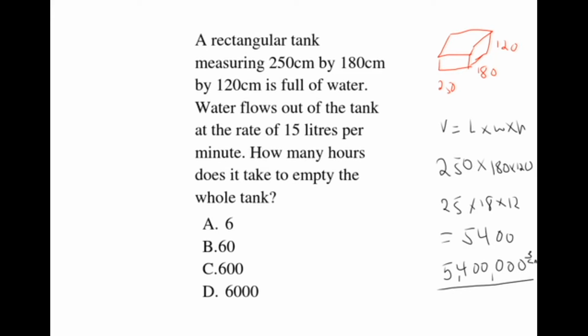And we are told that water flows out of the tank at the rate of 15 liters per minute. Therefore, convert this into liters. We know that 1,000 centimeters cubed is equivalent to 1 liter.